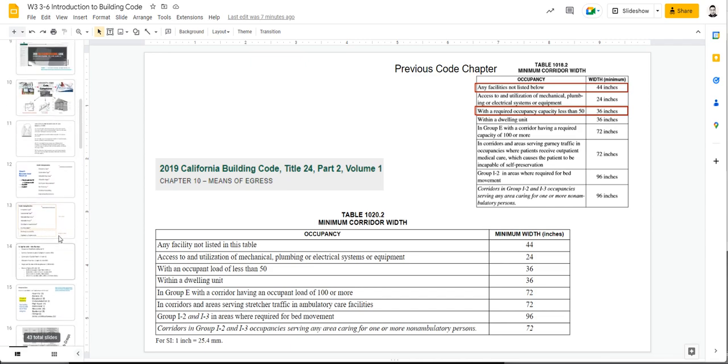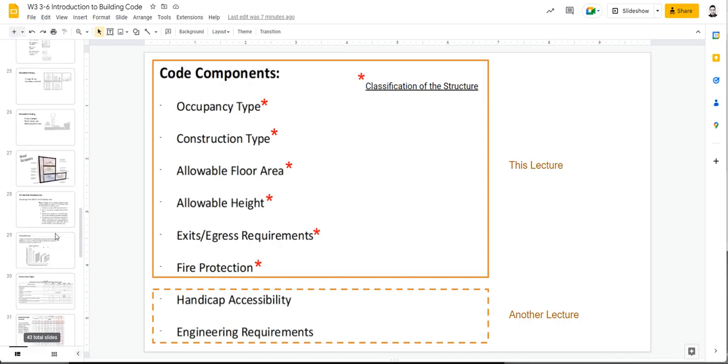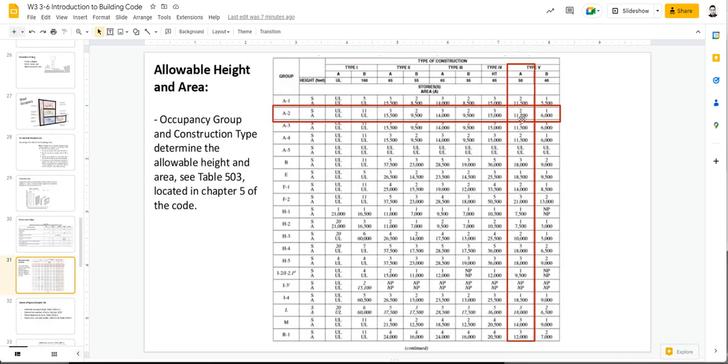We just discussed occupancy type, construction type, floor areas, allowable floor areas, and that's from this table here. If you wanted two floors and you are doing your construction with wood framing, if it's exposed wood framing, you can only do one floor, 6,000 square feet.